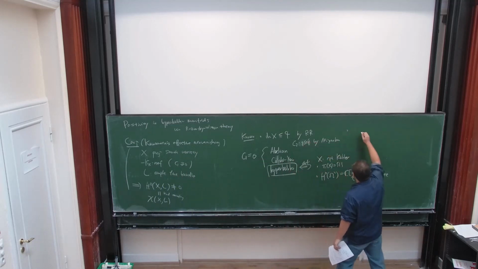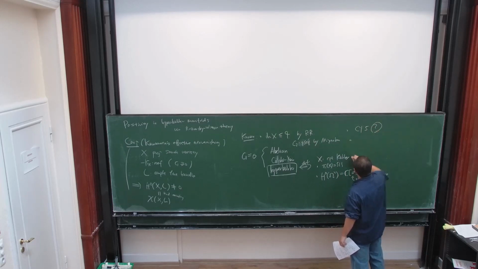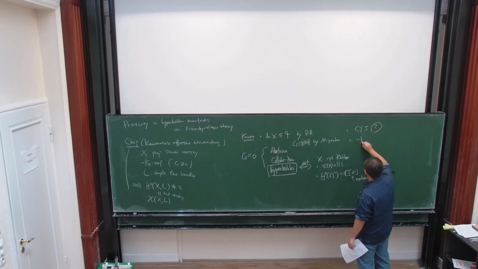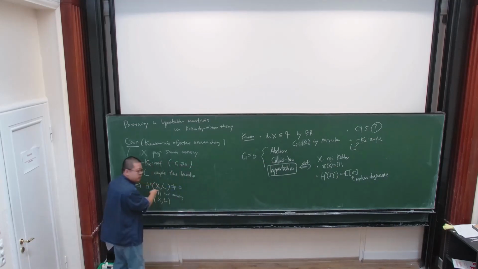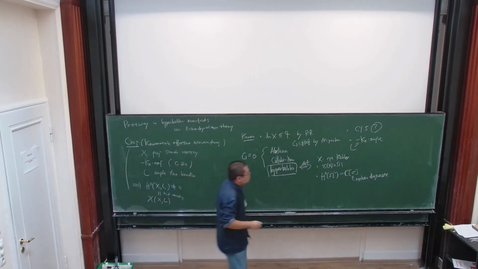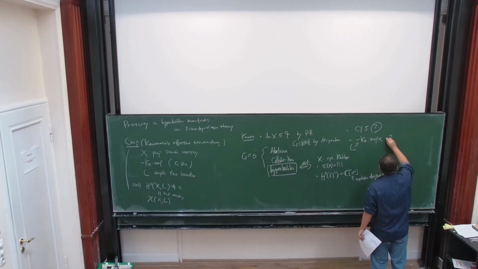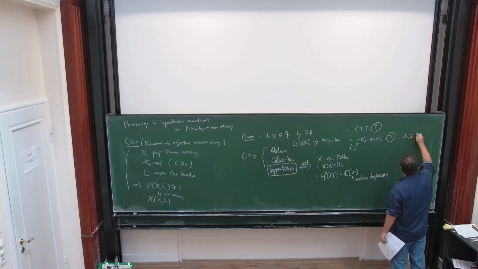One open problem is for Calabi-Yau 5-folds. This is not known, and the other one is when K_X is ample and this is L, then we don't know if this is non-trivial. This is open in dimension at least, I think, at least 6.